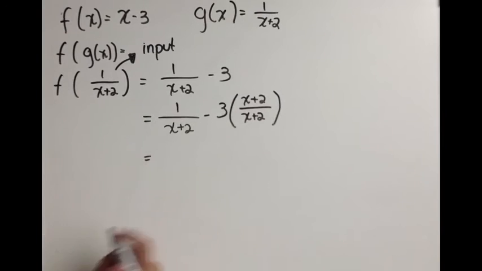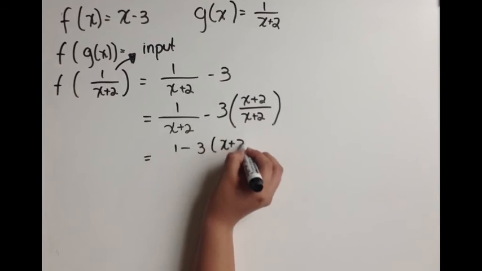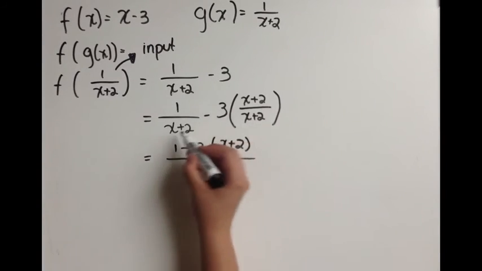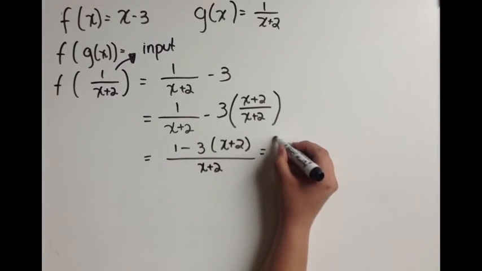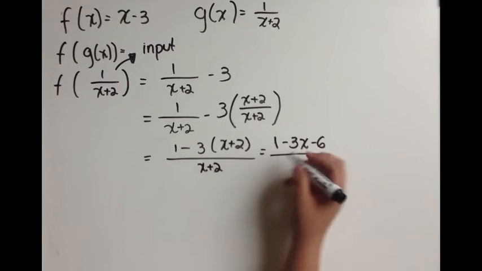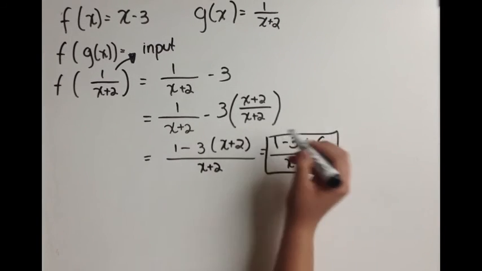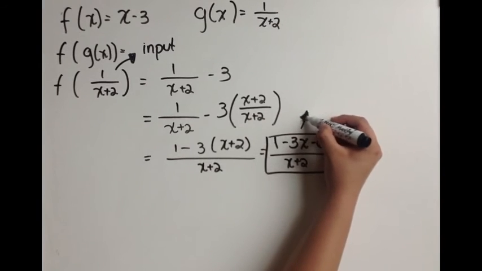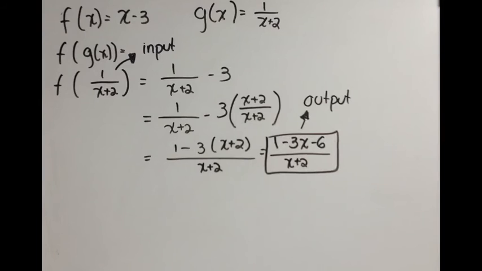Making the operations, we will get 1 minus 3 times x plus 2 divided by the same denominator, x plus 2. And multiplying it, we'll get 1 minus 3x minus 6 divided by x plus 2. And this is going to be our output.